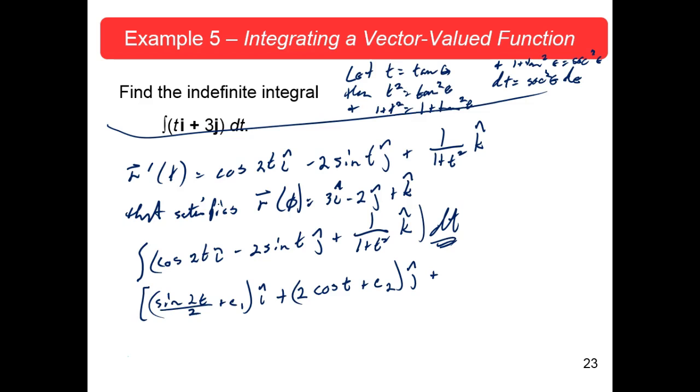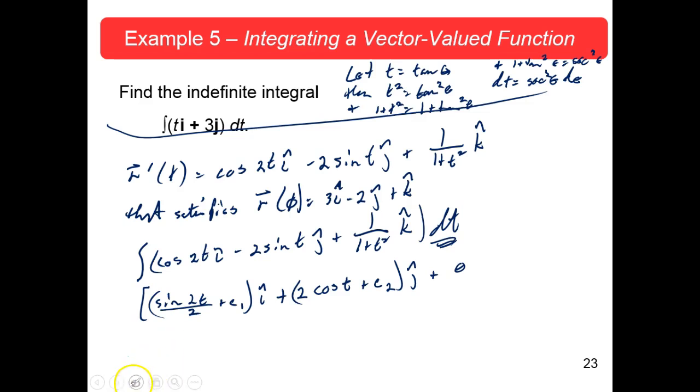So what we have is just the d theta, because you went from dt's to d theta's up there. So that would just be the antiderivative of theta k.